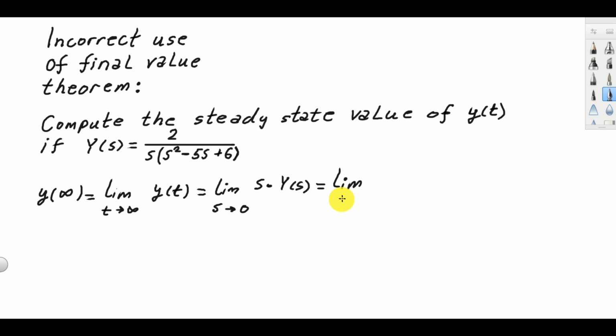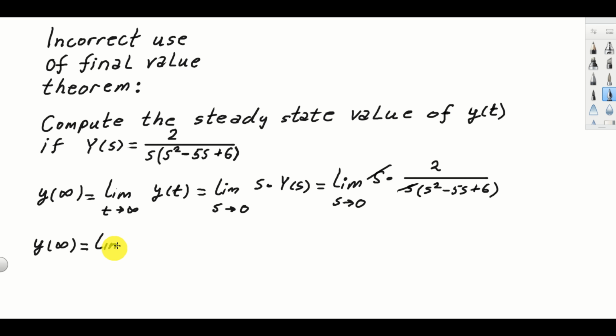Here we have the limit value when s goes to 0, s multiplying 2 over (s squared minus 5s plus 6). s and s can be cancelled, and finally we obtain that y at infinity is actually the limit value when s goes to 0 of 2 over (s squared minus 5s plus 6).